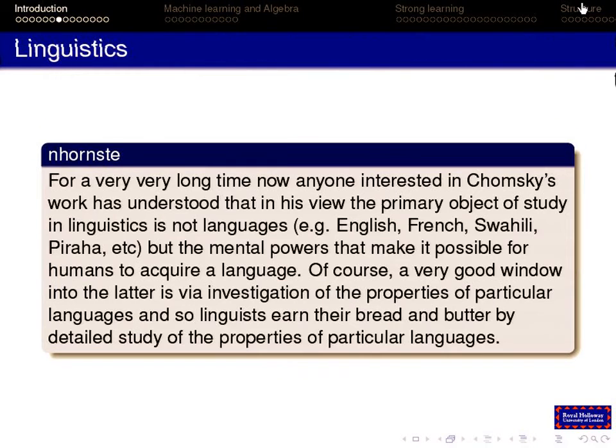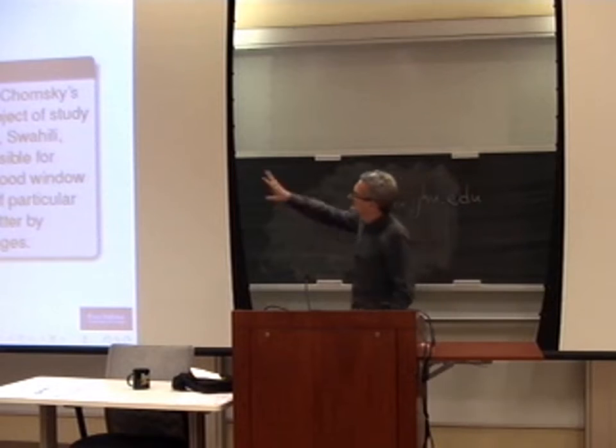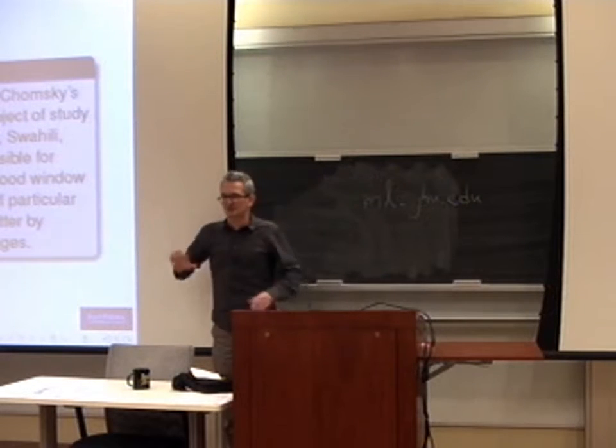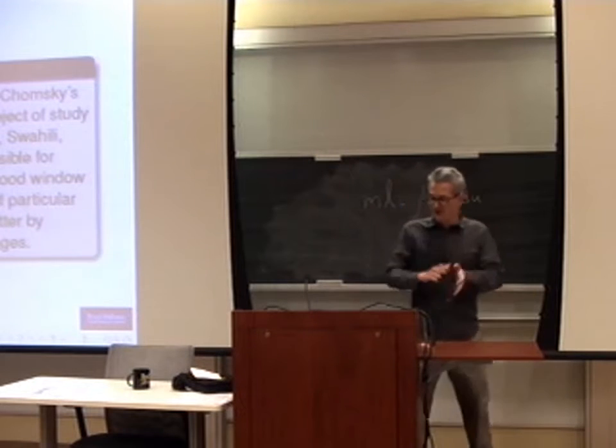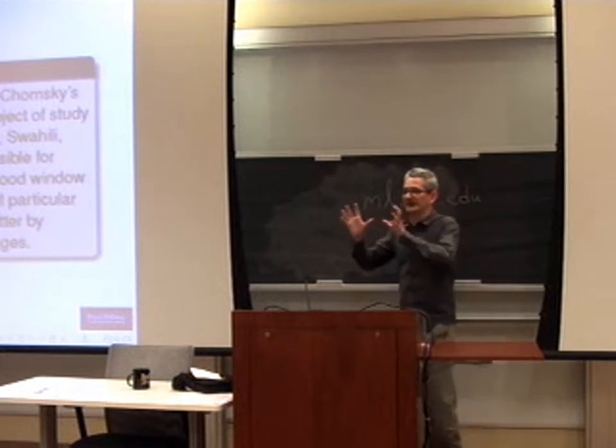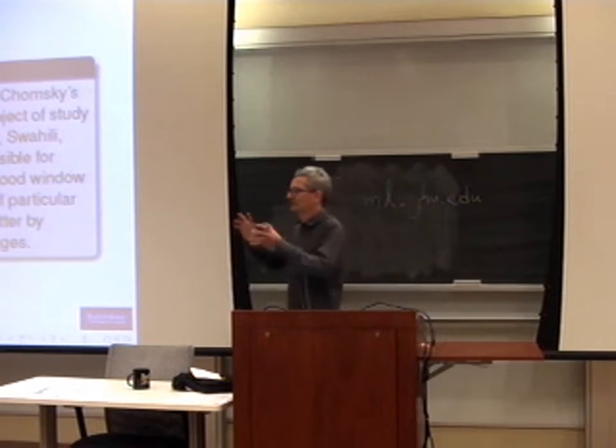Now, if we just zoom out a little bit to theoretical linguistics, this is a quote by Norbert Hornstein saying that for a very, very long time now, well, you can read the quote, but basically Chomsky's view, and I kind of agree with Chomsky on this point at least, is that what you're studying in linguistics is not really the structures of individual languages.